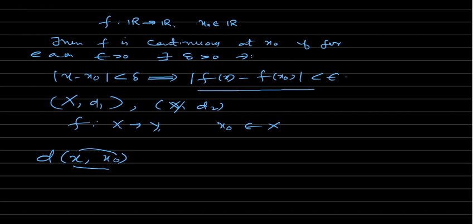We don't have the algebra on this set of points. So what's the general notion of continuity? That's this: d of x, x naught less than delta implies d of f(x) and f(x naught) less than epsilon.